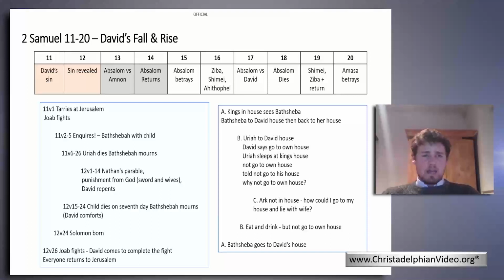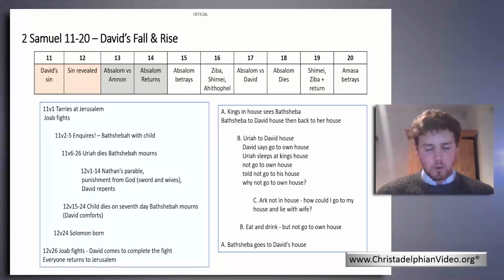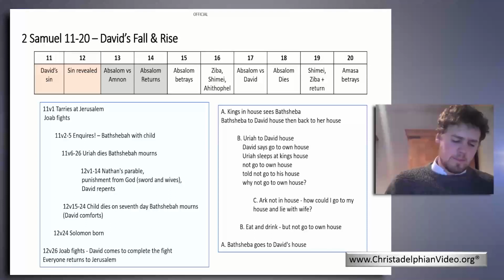So the passage begins the first couple of chapters with David at Jerusalem, Joab going off to fight. And David, of course, goes to inquire of Bathsheba. And as we've mentioned, there are only a few occasions where this word for inquire occurs.